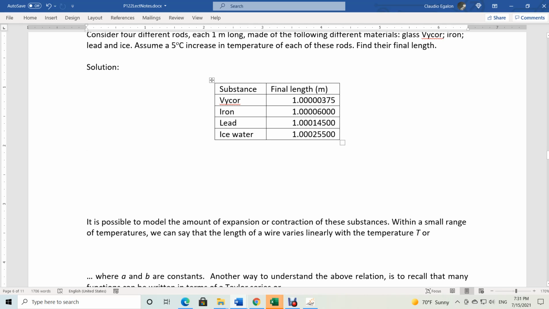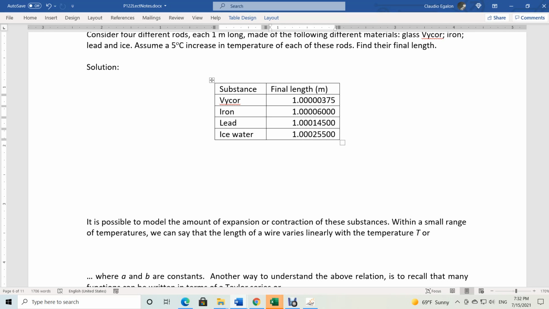An iron bar that's 1 meter long has this very small change, let's see, it's 6 microns. 1, 2, 3, 4, 5 is 60 microns. Okay, so that's 60 microns. 1, 2, 3, 4, 5, 6. Okay, for lead, we have a change, 1, 2, 3, 4, 5, 6, 145 microns. For ice water, we have 255 microns change.